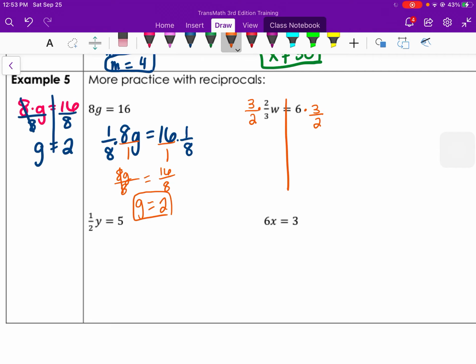So on the left side, you have 3 times 2 is 6. On the bottom, you have 2 times 3 is 6w. On the right side, it's a whole number times a fraction, so I'm going to put the whole number over 1. And then it's 6 times 3 is 18. 1 times 2 is 2. So 6 divided by 6 on the left simplifies to 1, so we just get 1w. And then 18 divided by 2 simplifies to 9. So we have w equals 9.